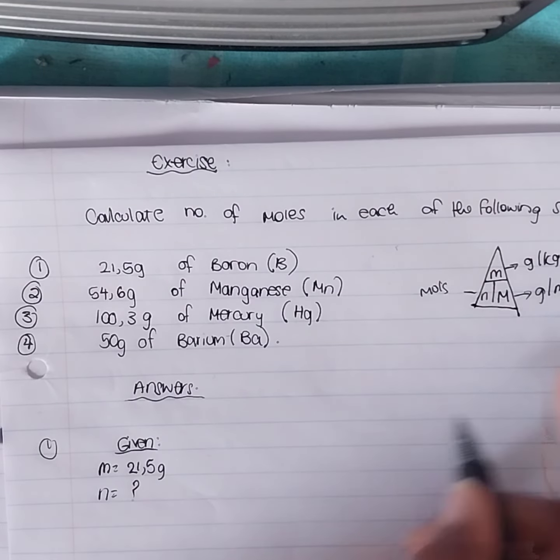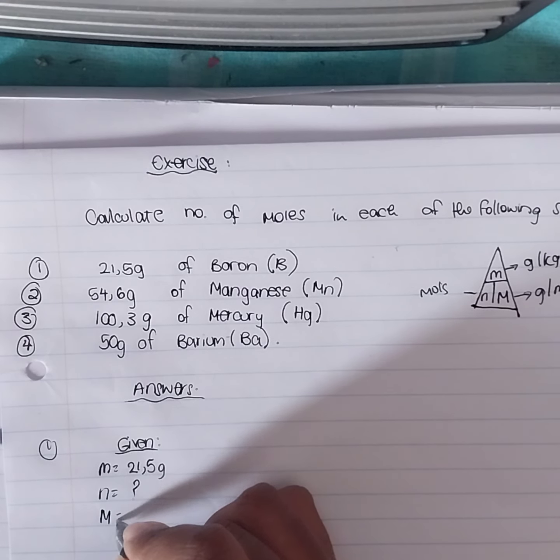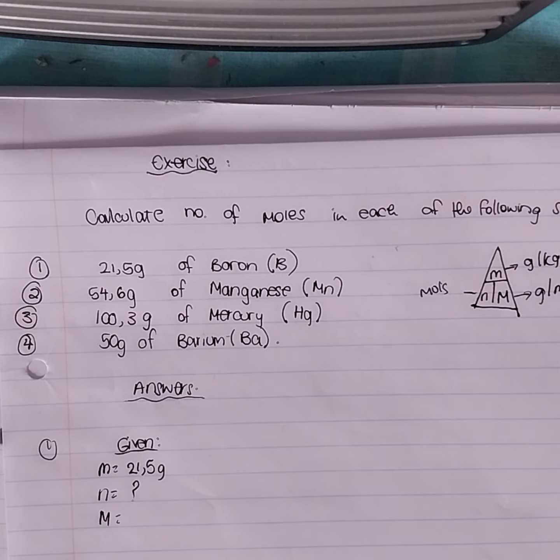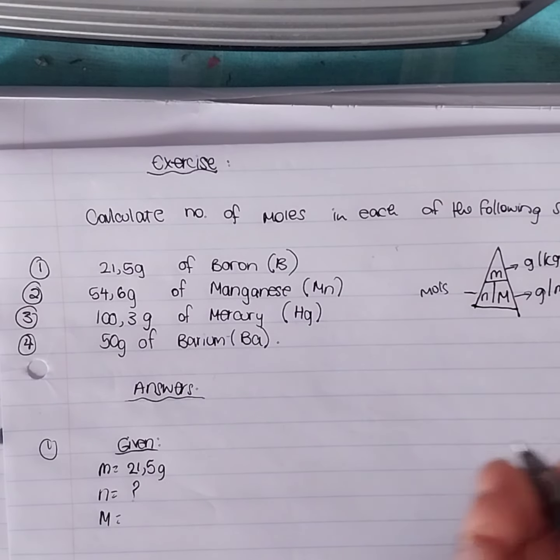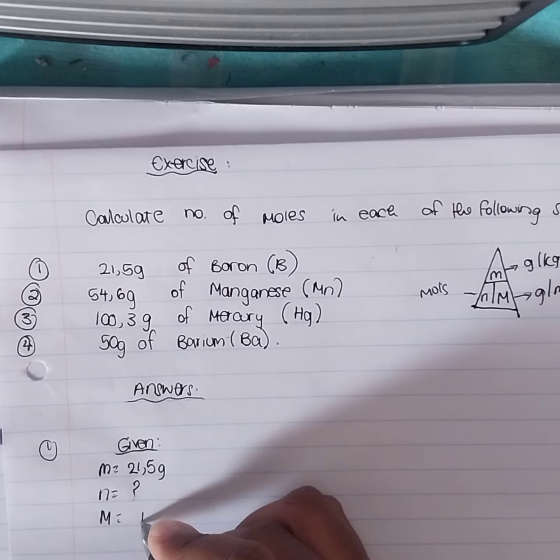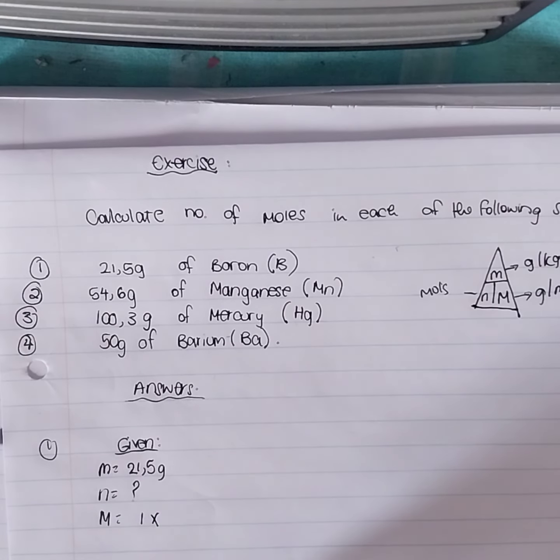But then we're going to calculate the molar mass. Now, the molar mass goes as follows. This might be confusing for the first time you do it, but when we continue, it's going to be okay. So how to do that? You're going to say 1 multiplied by your boron atomic mass.